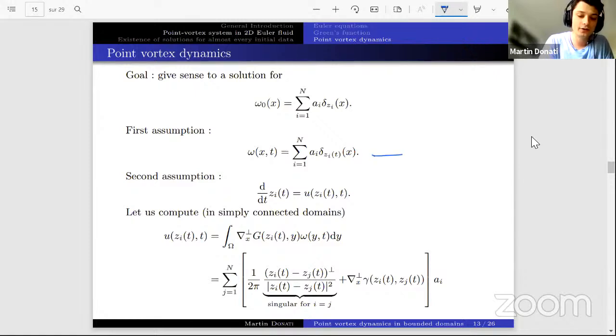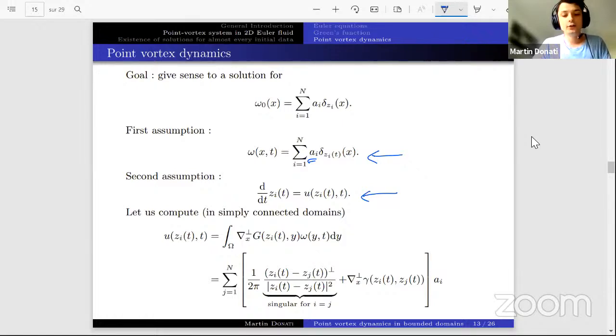So our first assumption is that for all time, the vorticity is the sum of Dirac masses with the same masses, which are fixed for the rest of this presentation. The second assumption is the same, actually. We say that we want the vortices to move according to the velocity field. Why is that? It's because the vorticity is transported by the velocity.